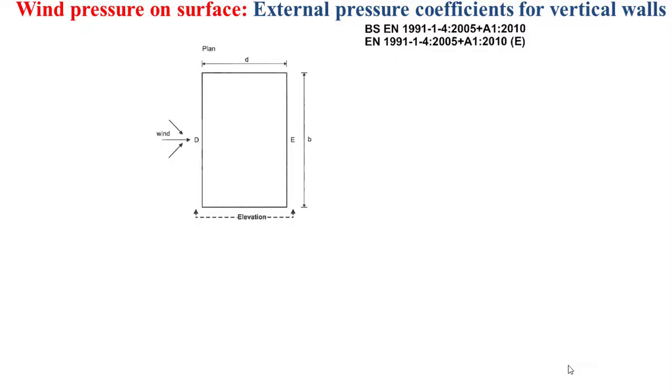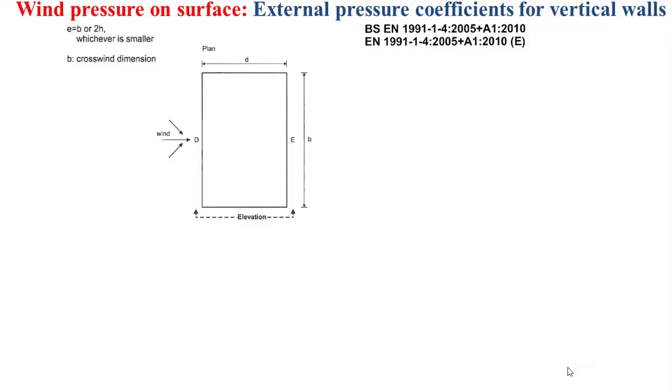Now I will explain how to determine the external pressure coefficients for vertical walls. So if we consider the plan view of a building and the wind is blowing in the indicated direction, as I explained before, the dimension small b is the crosswind dimension, and the dimension small d is the in-wind dimension, and we consider a dimension small e equal to the lesser of the dimension b, which is the crosswind dimension, and 2 times the height of the building.